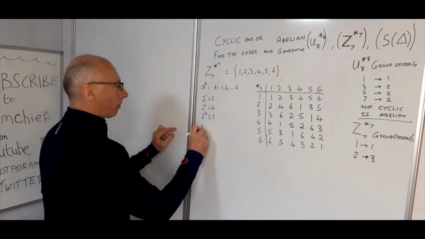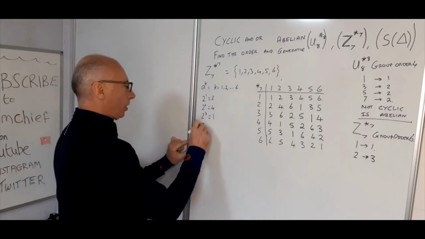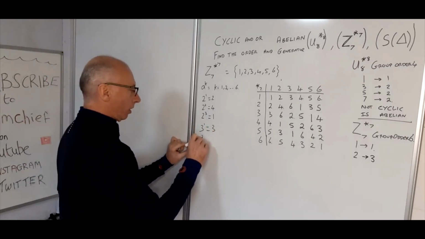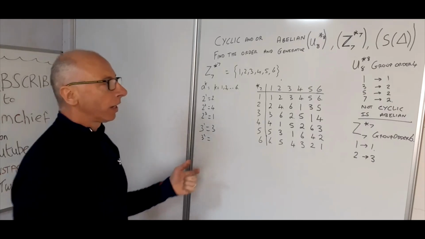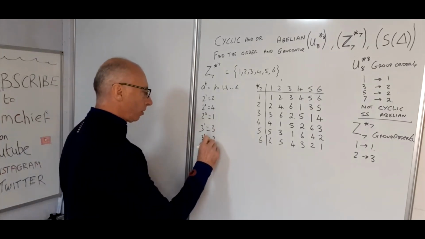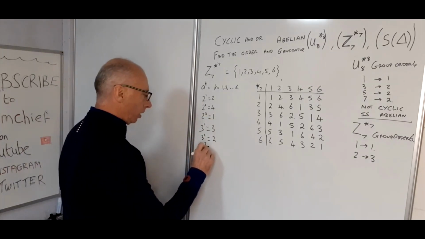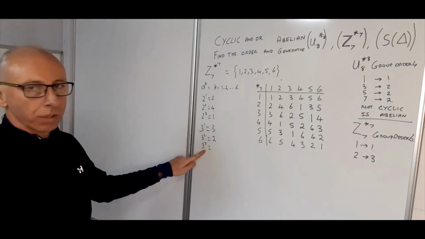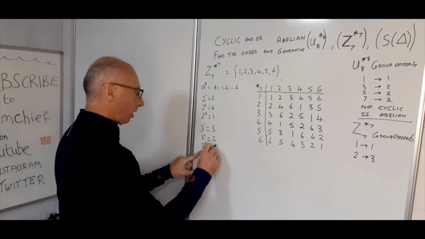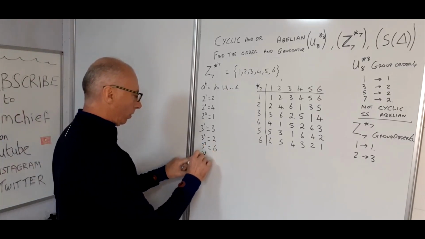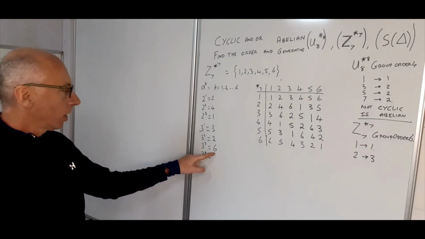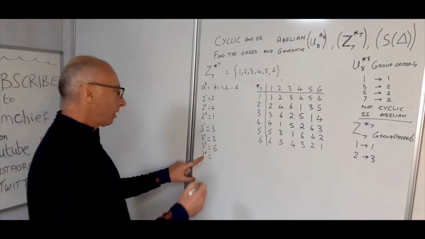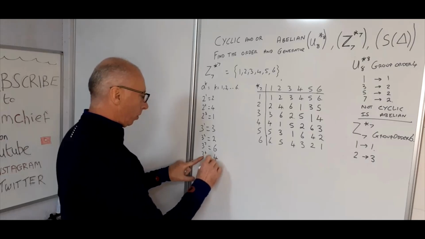Let's try the 3. 3 to the 1 equals 3. 3 squared gives us 9. So again, modulus 7, that's 2. 3 cubed, we can just go 2 times 3 for a shortcut. That will give us 6. 3 to the 4, we can just go 6 times 3 again, which gives us 18. And that gives us 4.